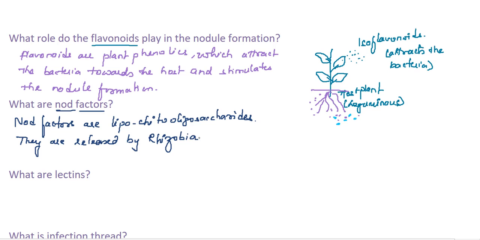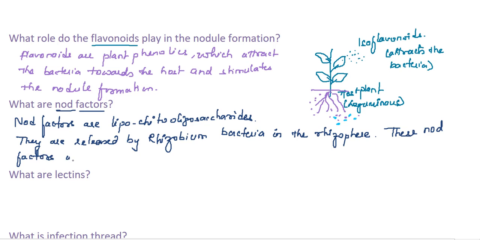Where are they released by the rhizobia? I write the rhizobium. Where? In the rhizosphere. What is rhizosphere? Rhizosphere is the area near the roots or in the vicinity of the roots. They are released by rhizobia near the rhizosphere, and when these nod factors enter the host plant, what will happen?